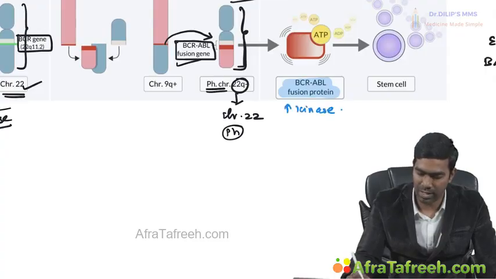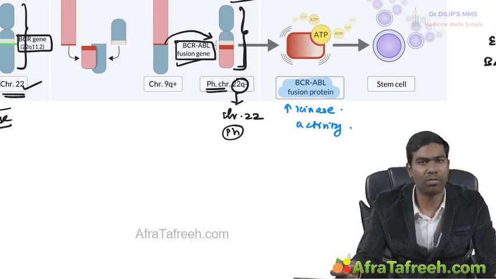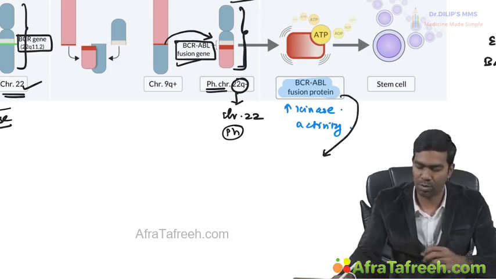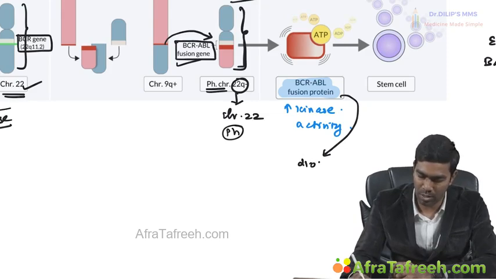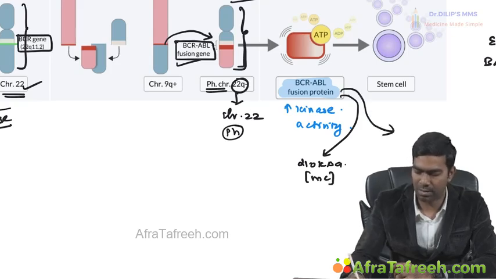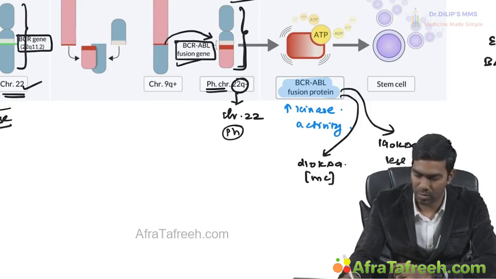Clear? There are two types of BCR-ABL fusion transcripts produced. One is the famous 210 kilodalton transcript, which is the most common, and there can be a 190 kilodalton transcript also, which is actually less common.